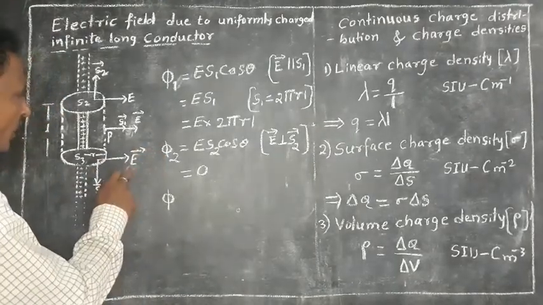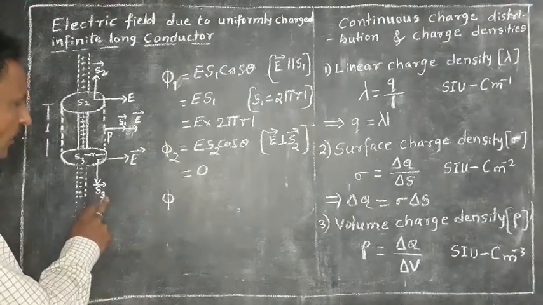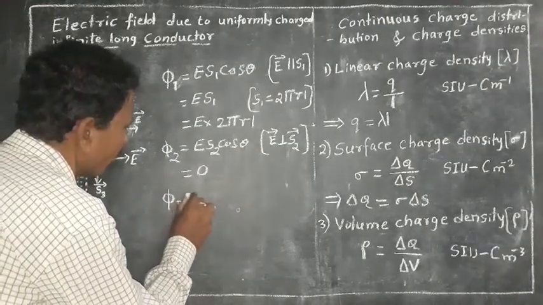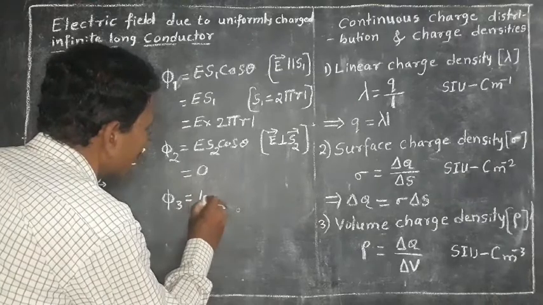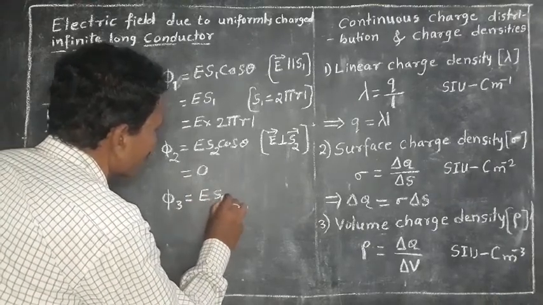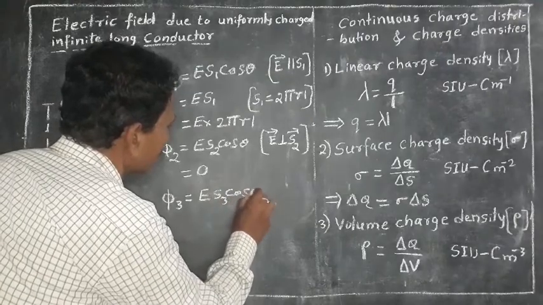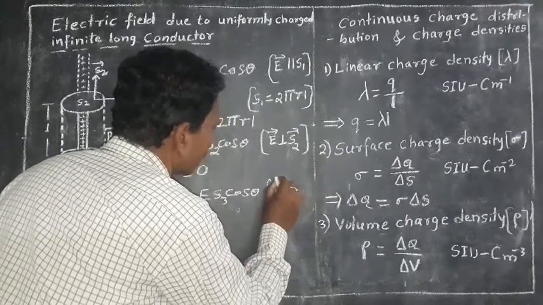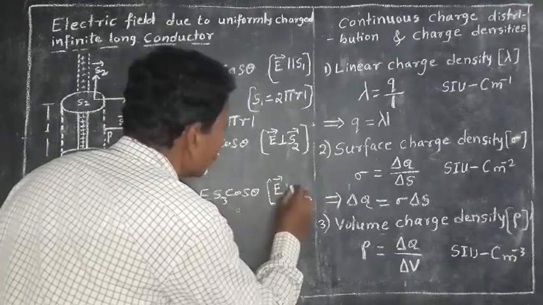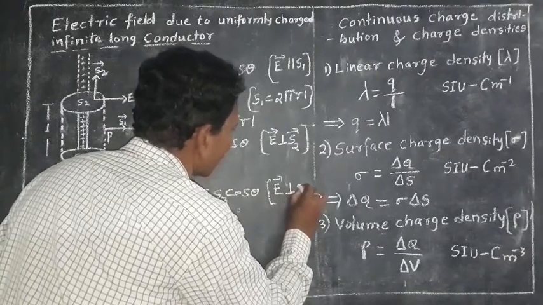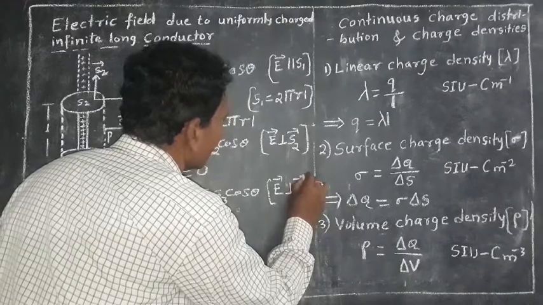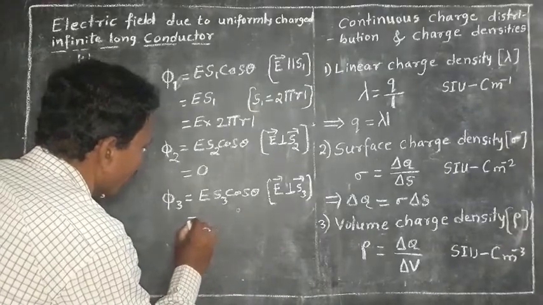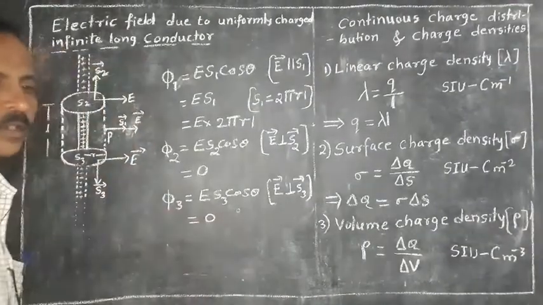Therefore, the angle between the E vector and the S3 vector is 90 degrees. Phi 3 is given by E S3 cos theta. Since theta equals 90 degrees, cos 90 equals 0, and therefore phi 3 is also equal to 0.